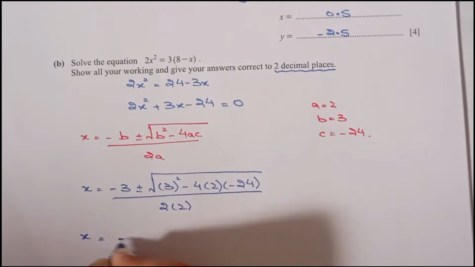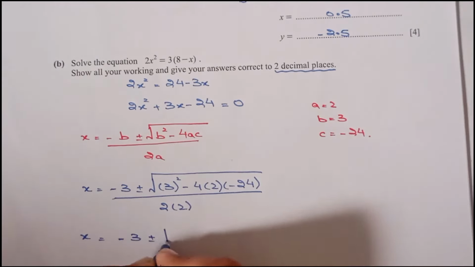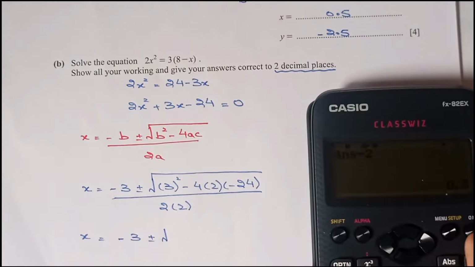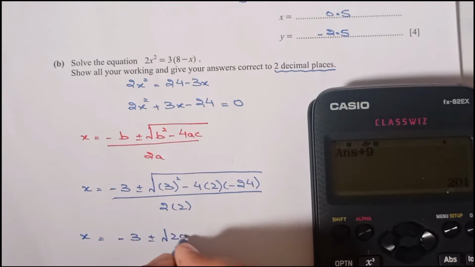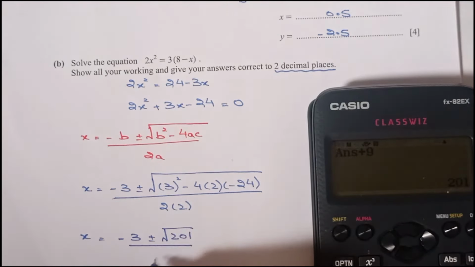So x would be equal to -3 plus or minus the square root. We have 4 times 2 times 24, this would be 192, when negative times negative is positive, and then plus 3 squared is 9. This would be 201. Square root of 201, and then dividing by 4.